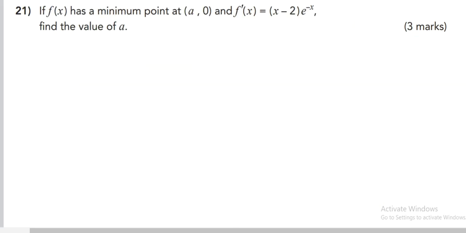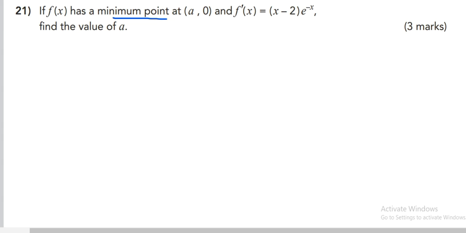Question 21. If f of x has a minimum point at (a, 0) and f dash of x equal x minus 2 e to the power negative x, find the value of a. Here, as you can see, he is talking about a minimum point. To identify a minimum point or maximum point for any function we have some steps.